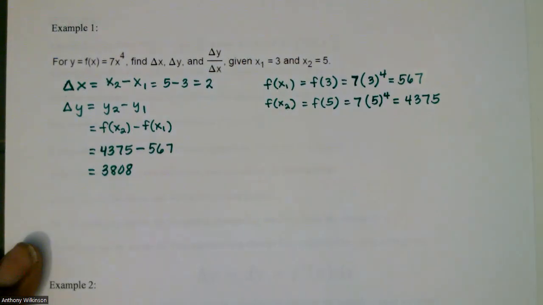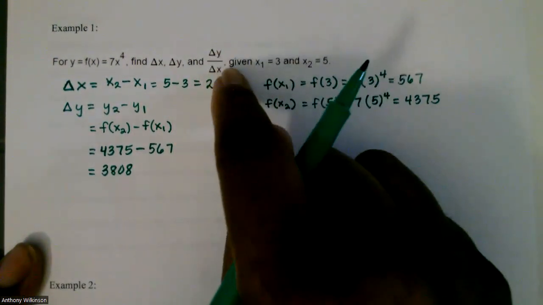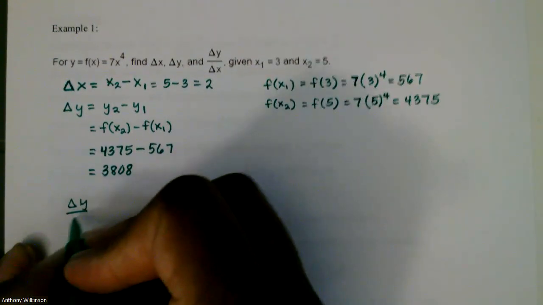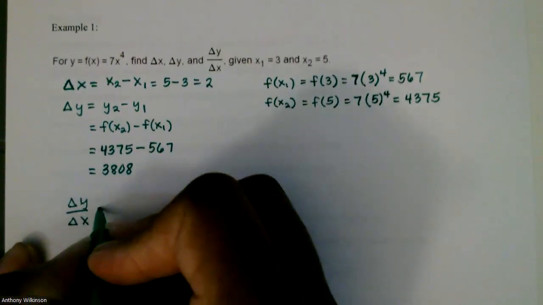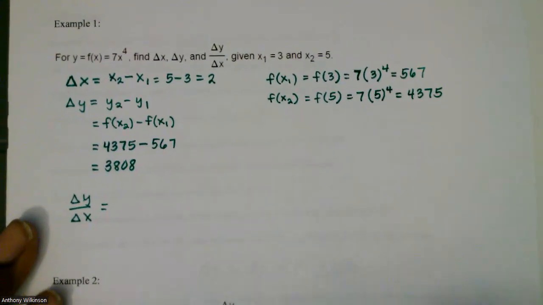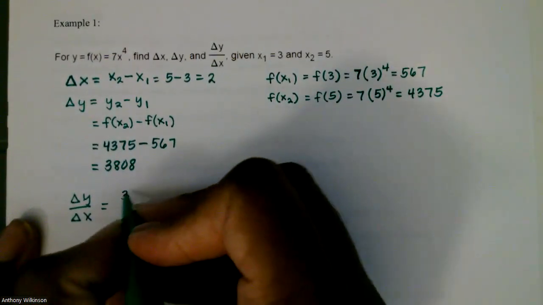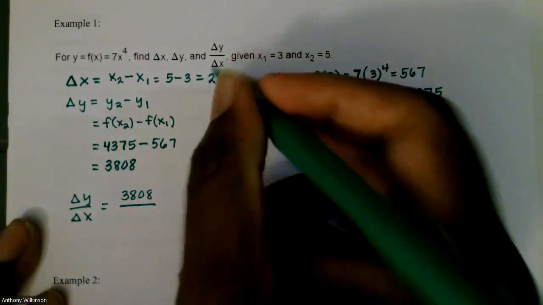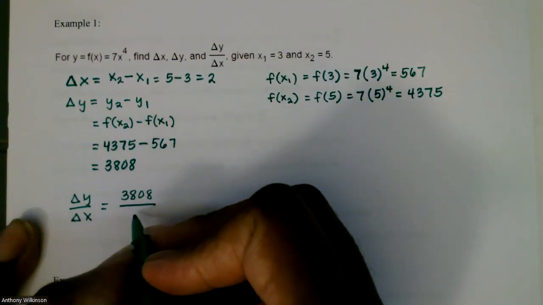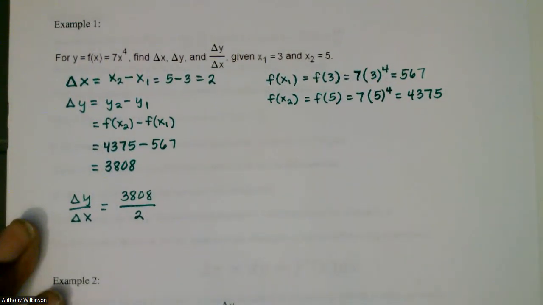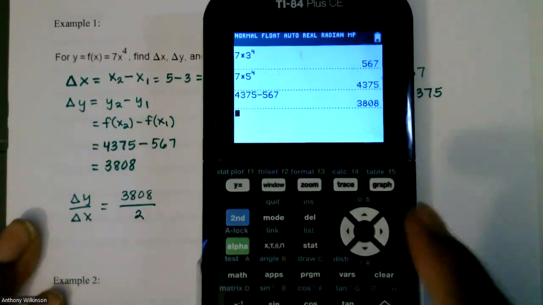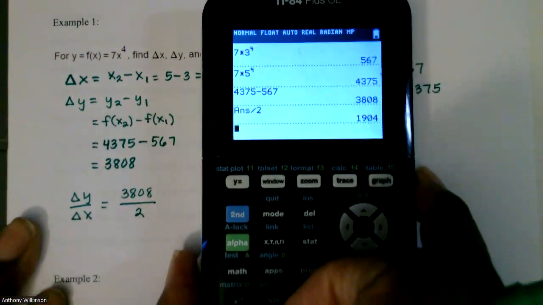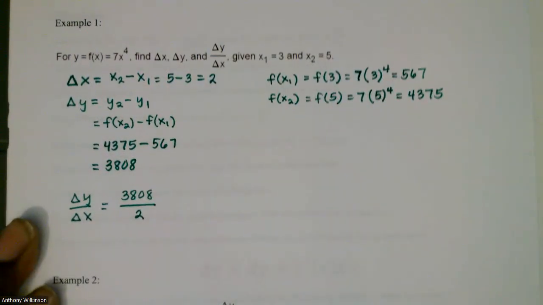All right, and now we can find out what delta y over delta x is. That's the change in y divided by the change in x. So in the case here, the change in y, we found that out to be 3,808, divided by the change in x, which was 2. So 3,808, I'll take that answer and divide that by 2. That would give you 1,904.